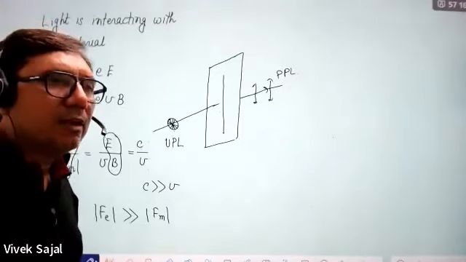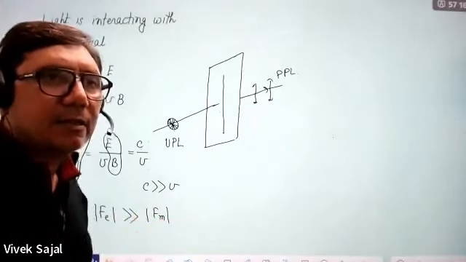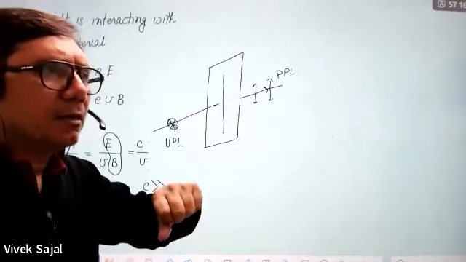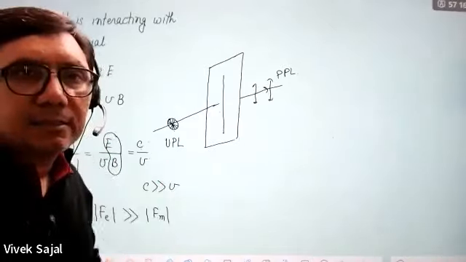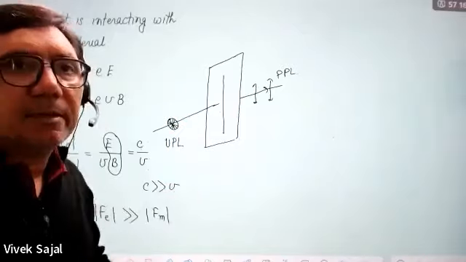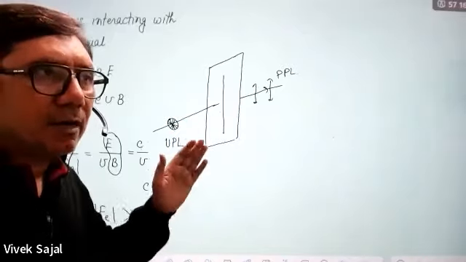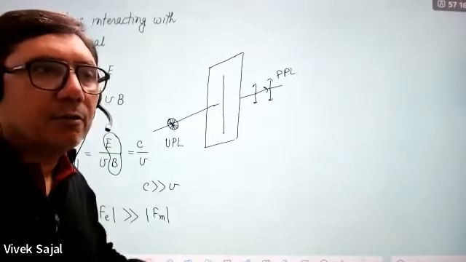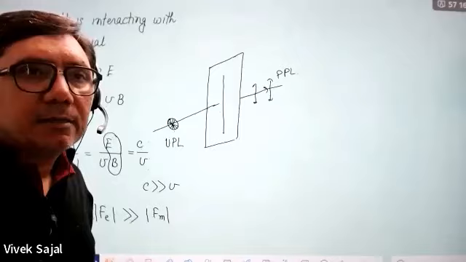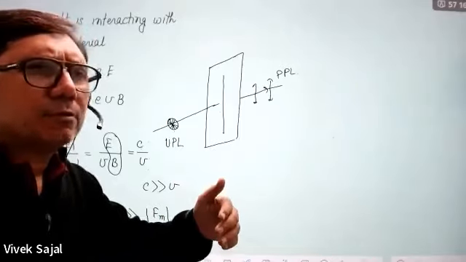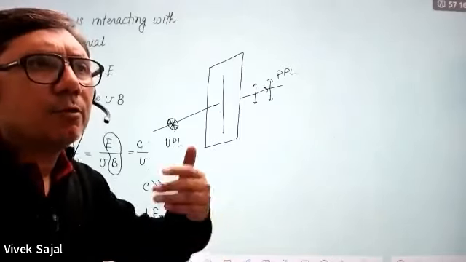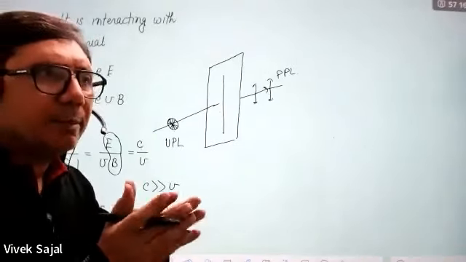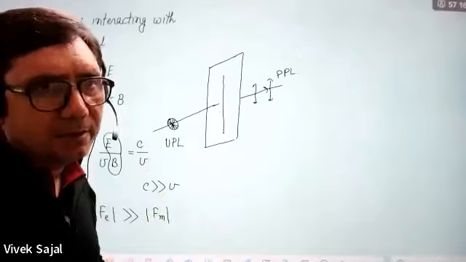However, remember this, as I also told you in the last class: if very large intensity light is interacting with the material, or with plasma or an ionic medium, then the B field also plays a very important role. A different type of non-linear force, known as the ponderomotive force, comes into the picture, and the magnetic field starts becoming important.